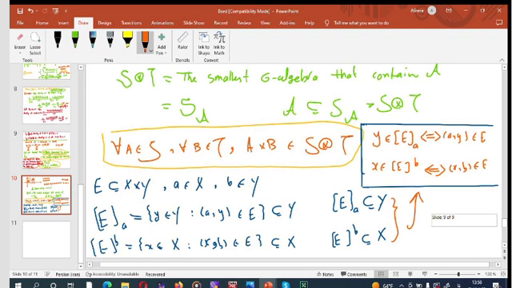You use this relation frequently. Y is an element of this section if and only if (A, y) belongs to E, and x belongs to this section if and only if (x, B) belongs to E.